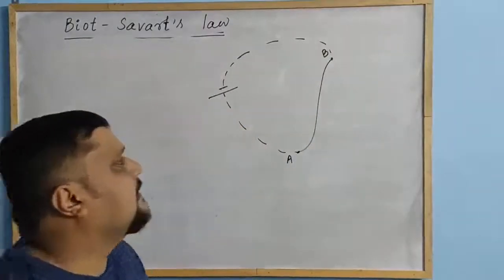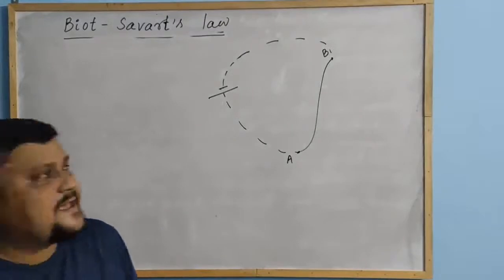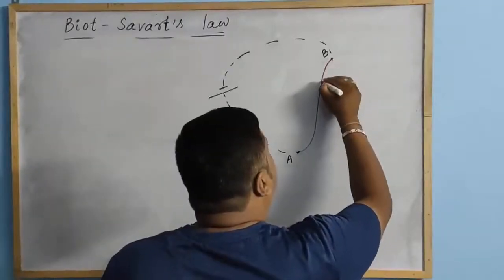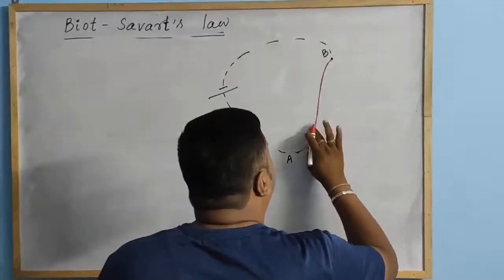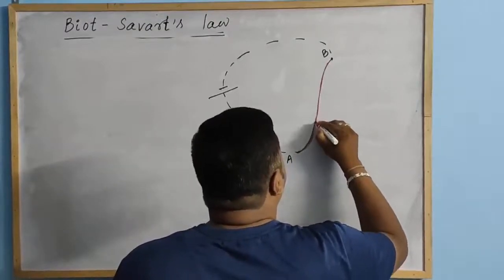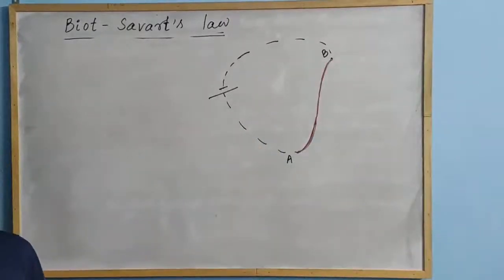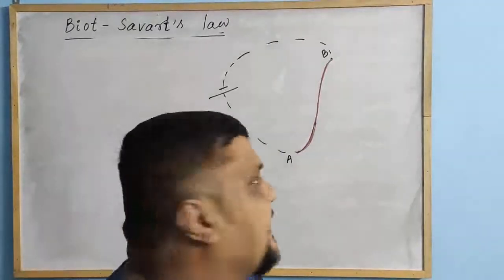AB is the current carrying conductor. Let me make it a color one. So this is my current carrying conductor AB.